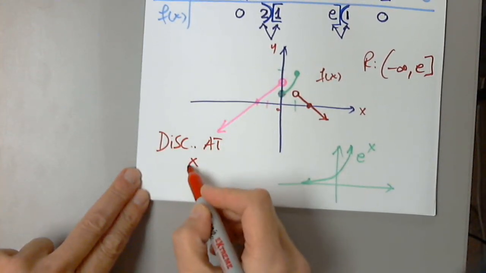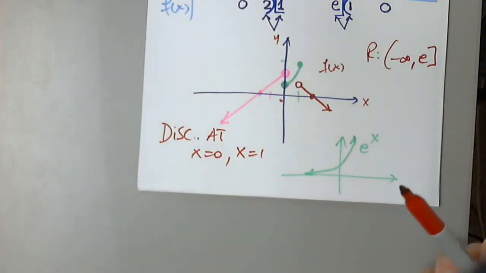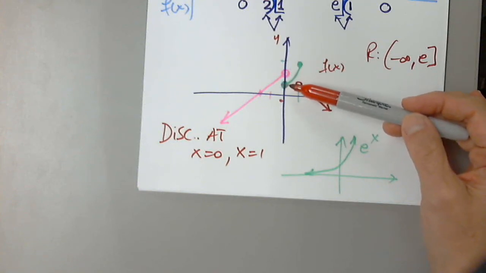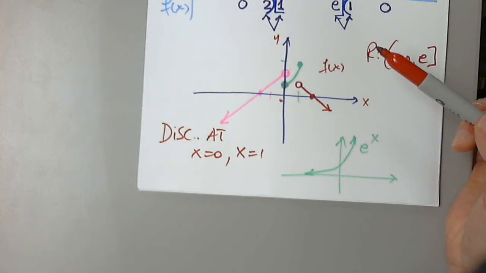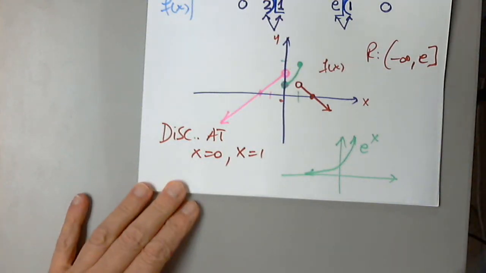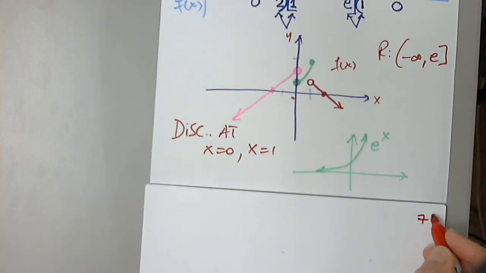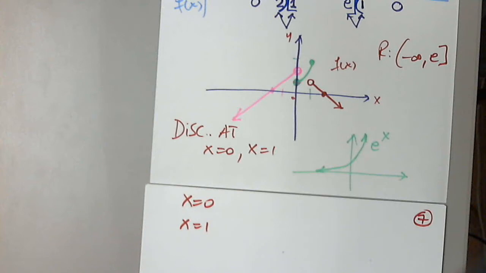So where is this function discontinuous? Discontinuous at x equals 0 and x equals 1. At 0, is the function continuous from the right or from the left? Or none of the above? Is the function at 0 continuous from the left, from the right, or none of the above?